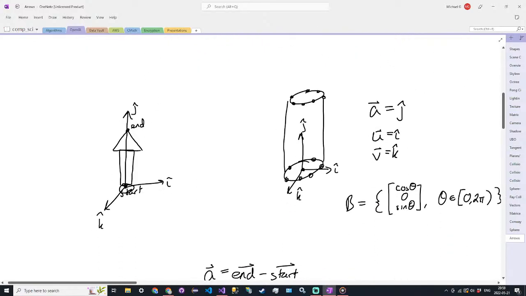So we start by defining our vertices in the basic arrow along the y-axis with the base in the xz plane. And we want to figure out how to rotate it and how to translate it so that it can represent any arrow. So we start with this basic definition here, where the arm vector is j hat, u is i hat, and v is k hat. So u and v are the basis of the plane.